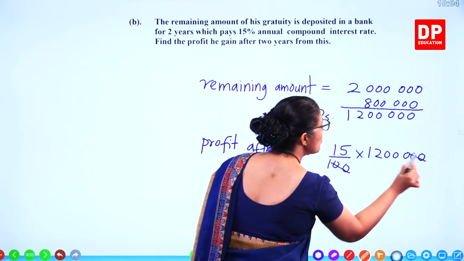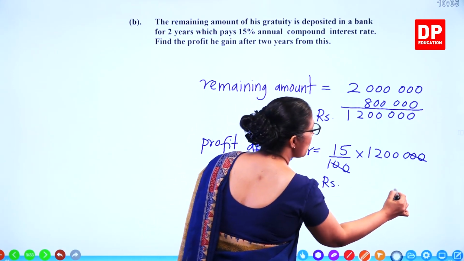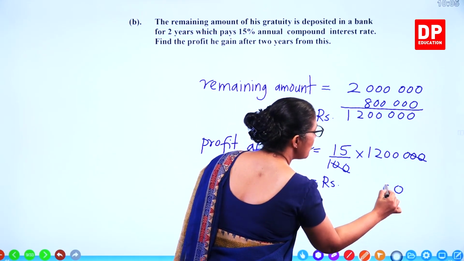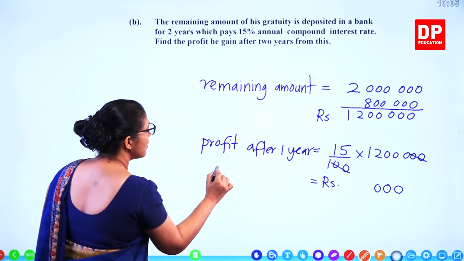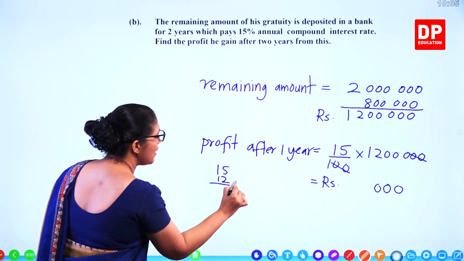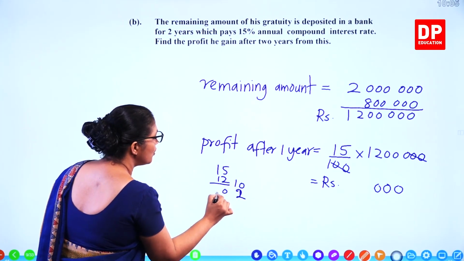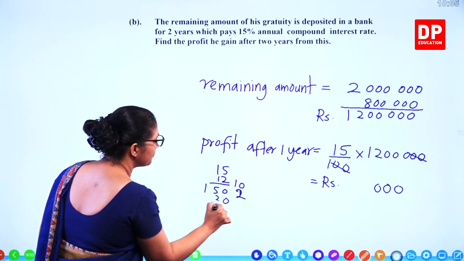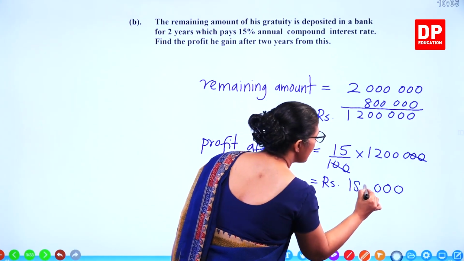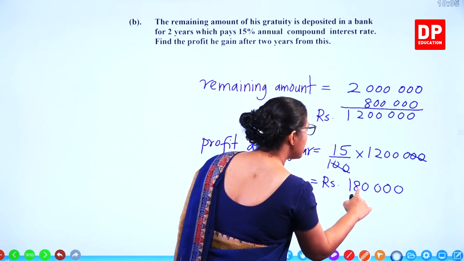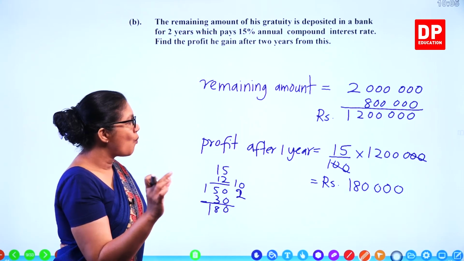So 2 zeros and you get 1, 2, 3 zeros. 12 times 15. 15 times 12. 10 into 2. You get 180. So that means this is 180,000 rupees. That's the profit after 1 year.